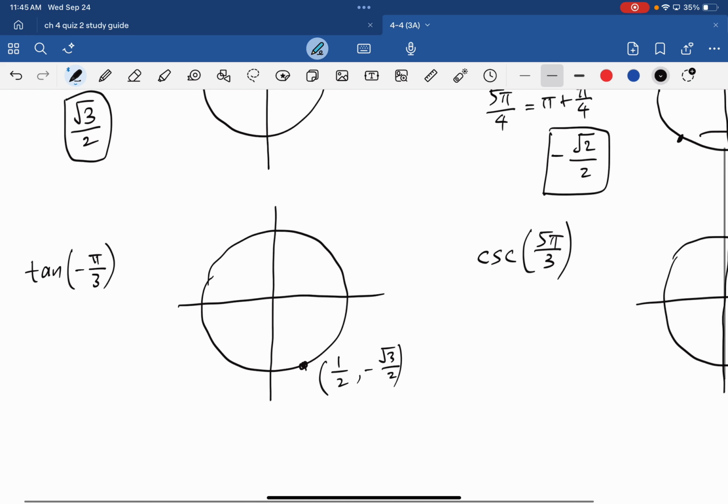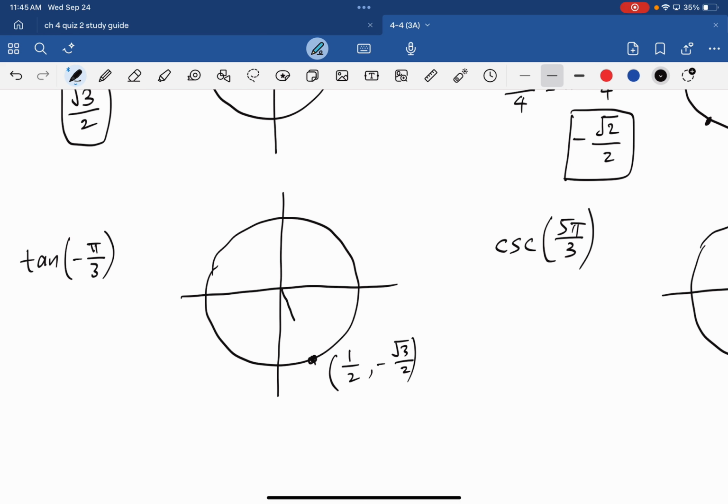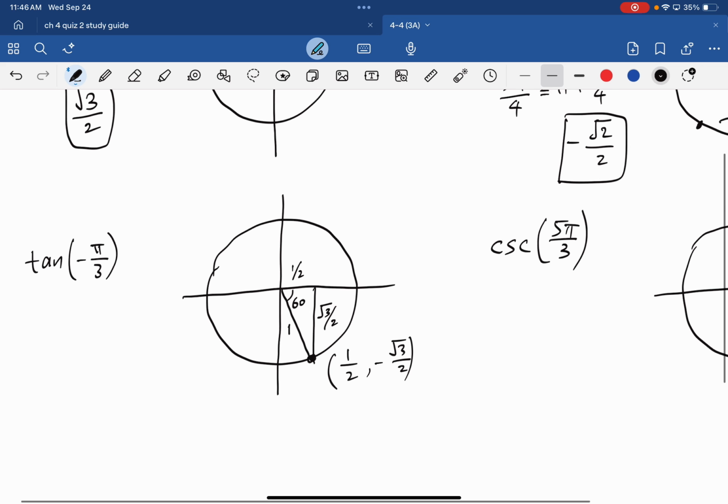Sure. This is 60. You can draw either way you want. So this length is 1, and this is 1/2, and this is root 3 over 2. Okay?